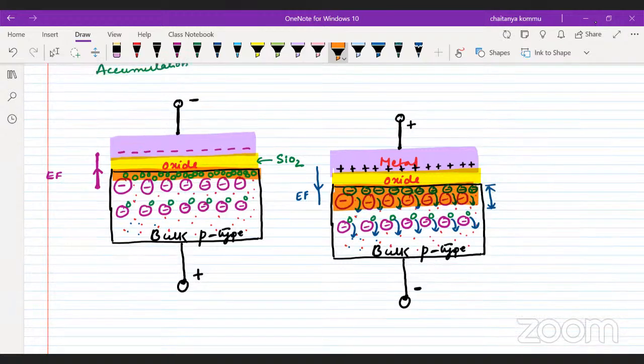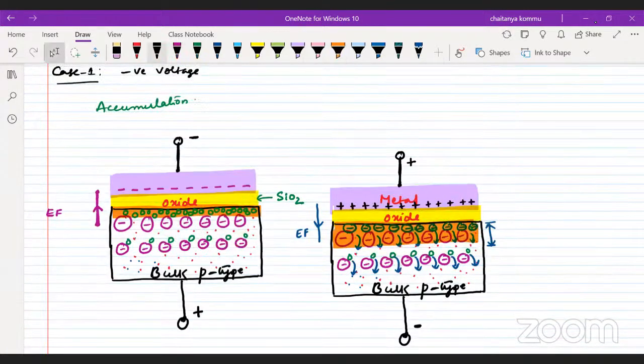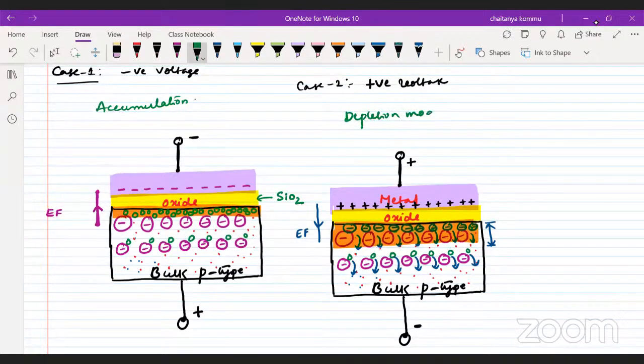So the case number 2 is saying that if you apply a certain medium positive voltage, you immediately notice depleted carriers, depletion mode. We can call it a depletion mode, or people will call it an accumulation mode. Okay, so here the depletion of carriers is called depletion mode.